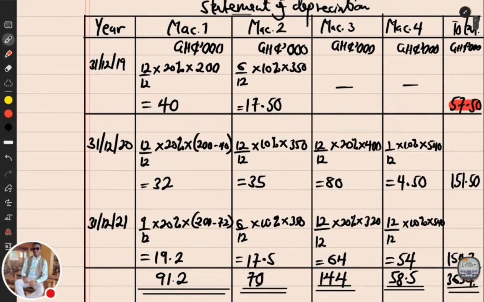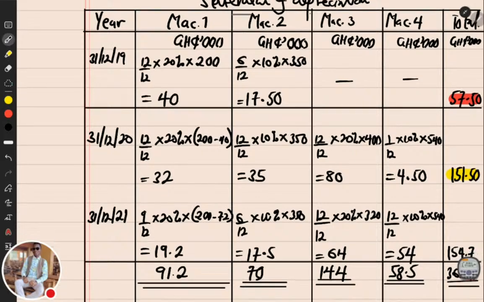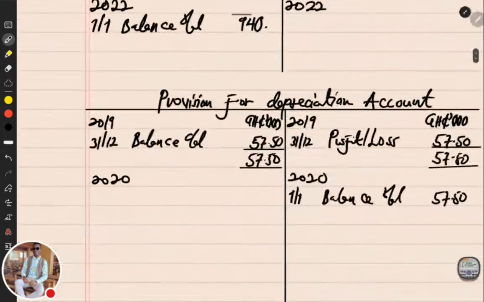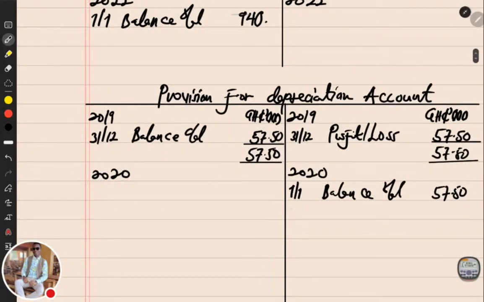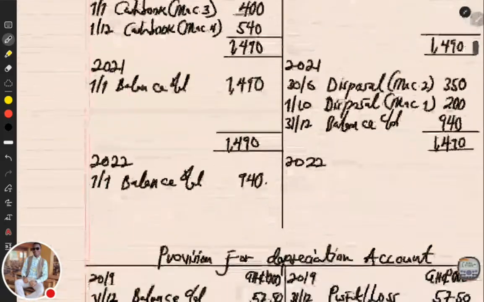So for 2020, we have a total depreciation value for 2020 of what? 151.5. So we just have to present that coming up here as 31st December profit or loss. So we have what? 151.50 there. I think that is true. Yes.